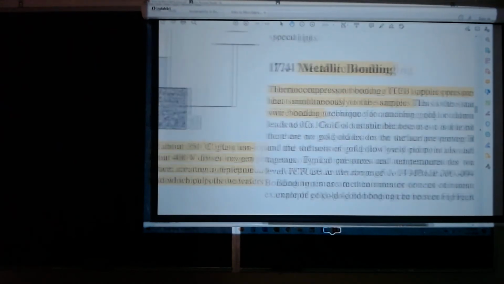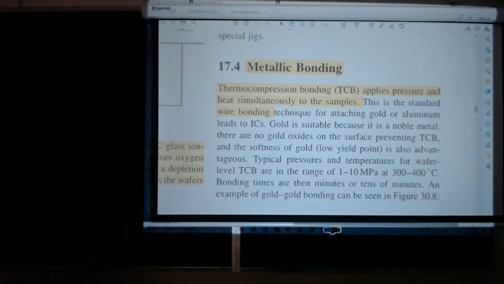Now basically, in metallic bonding, you can imagine if you're bonding two wafers together, that if you put down a metal on both surfaces and you press them together, applying pressure or compression to the two wafers, and at the same time you apply heat, the metal you've put down can melt into each other and form what is essentially a weld.